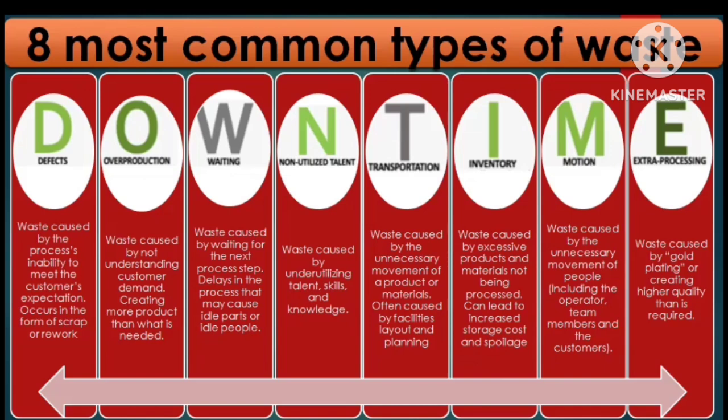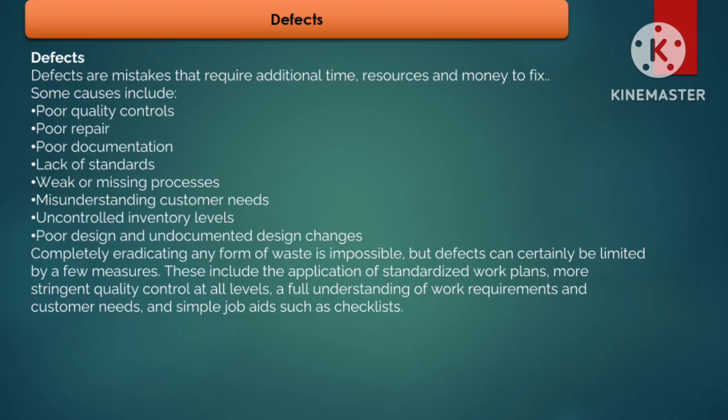Let's deep dive into each segment and understand how it impacts the business and processes. So the first one is defect. Defects are directly waste for any process. Therefore, all the organizations in the world try to minimize and eliminate defects.